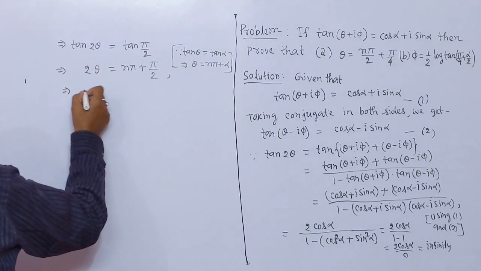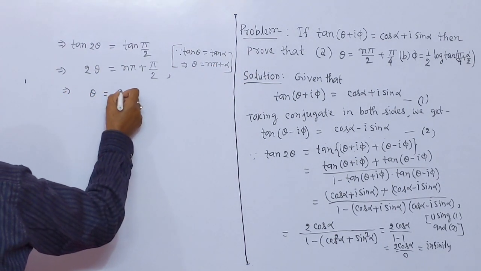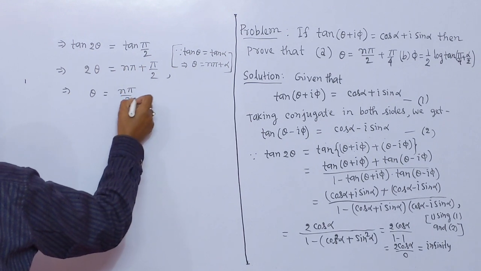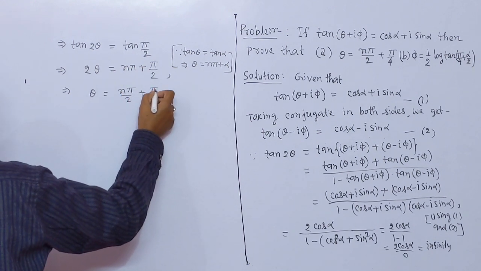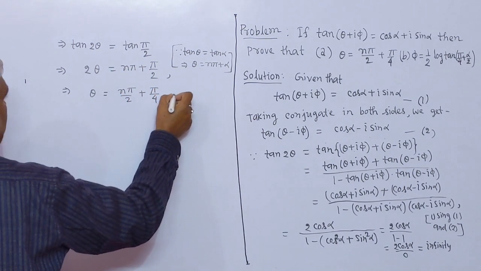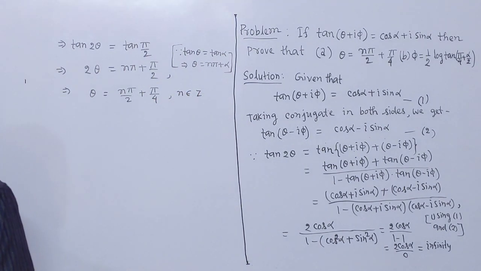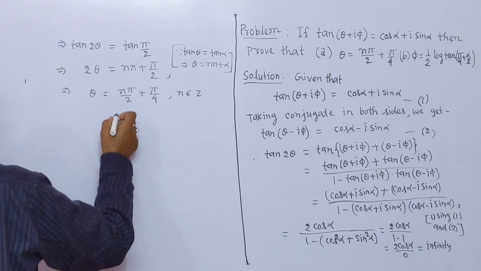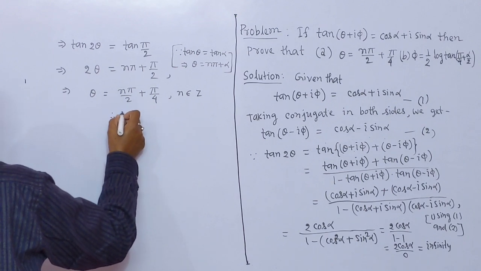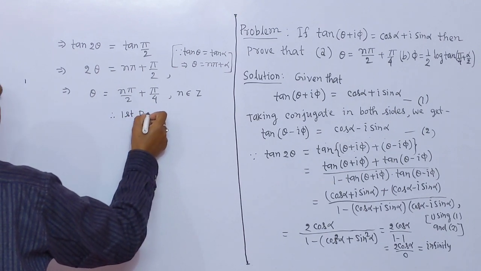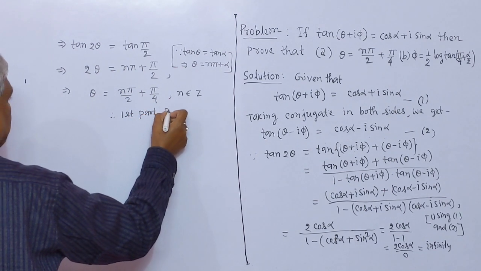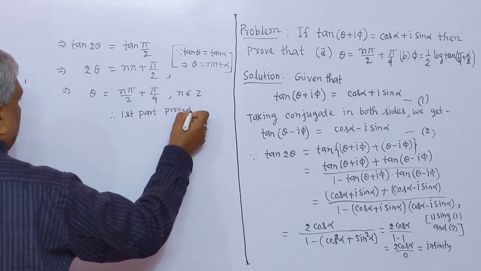Implies that theta equal to n pi by 2 plus pi by 4, n belongs to Z, the set of integers. Therefore, first part proved.